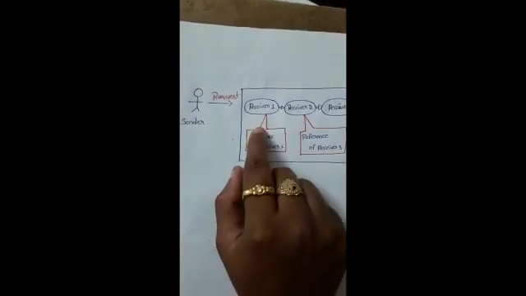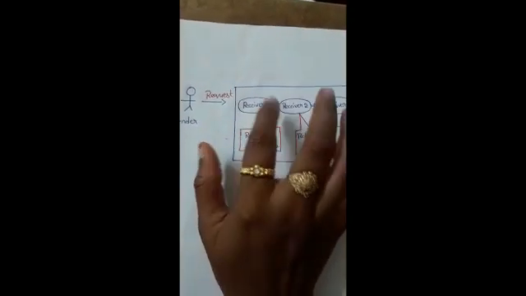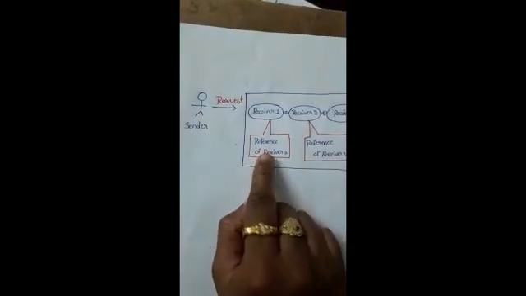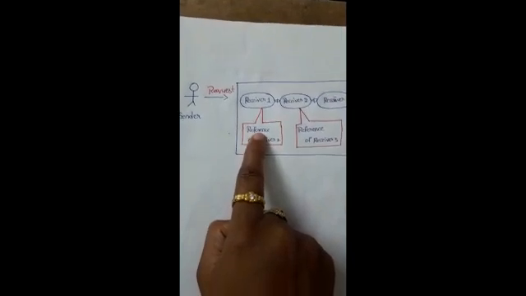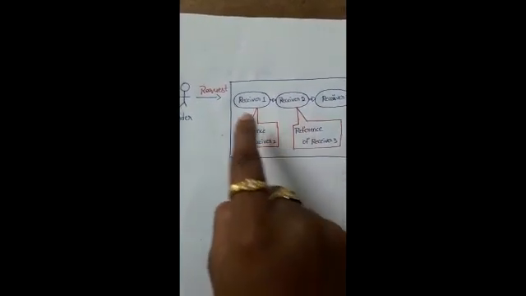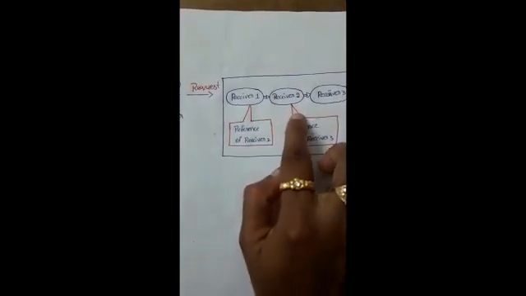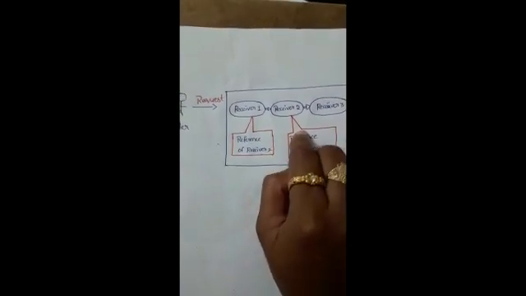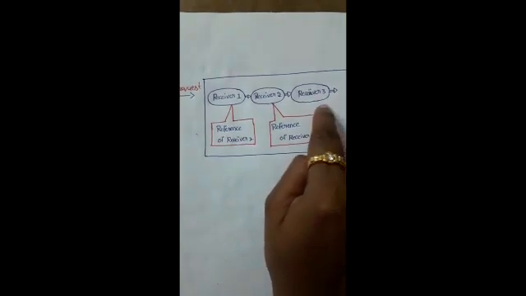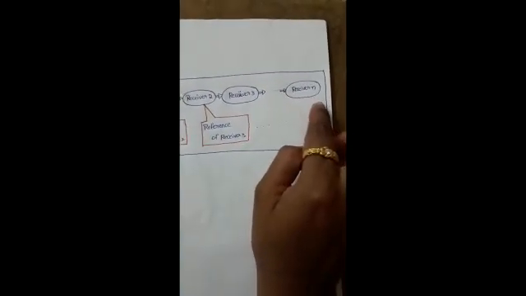If the receiver receives the request and handles it, fine. Suppose it doesn't handle the request, it will send the same request to the next receiver, let us assume receiver 2. Suppose it also doesn't handle the request, then it gives the same request to receiver 3, until receiver n.